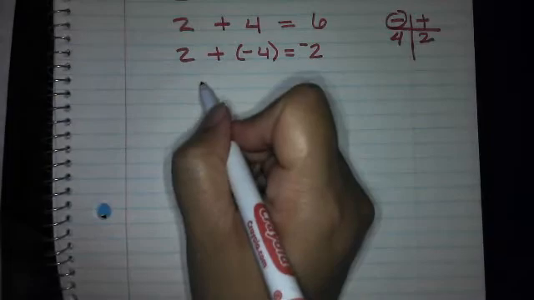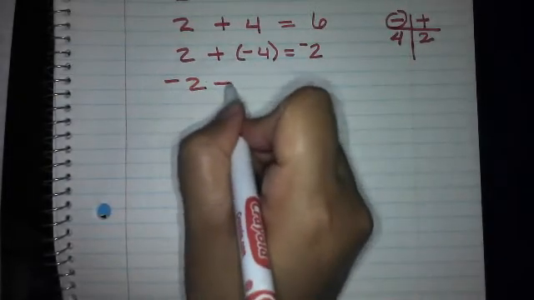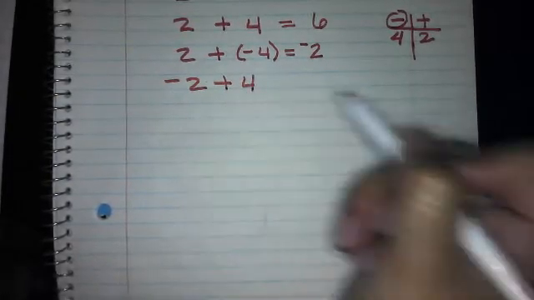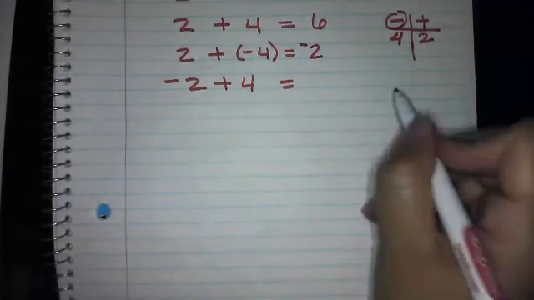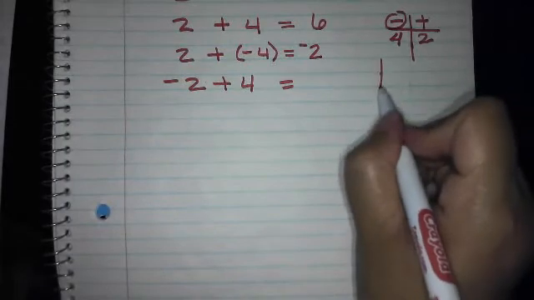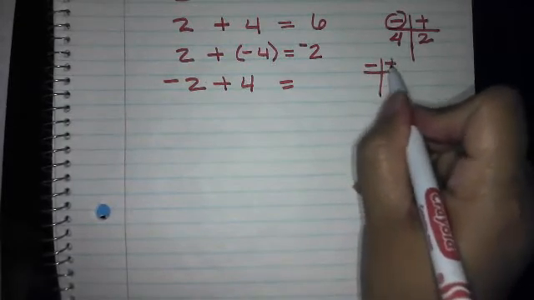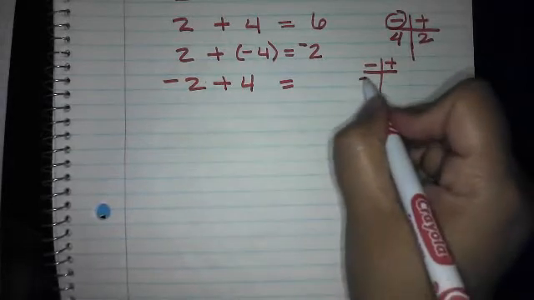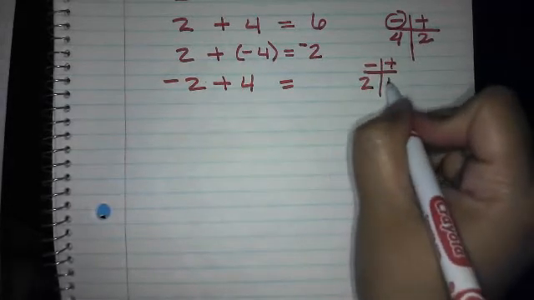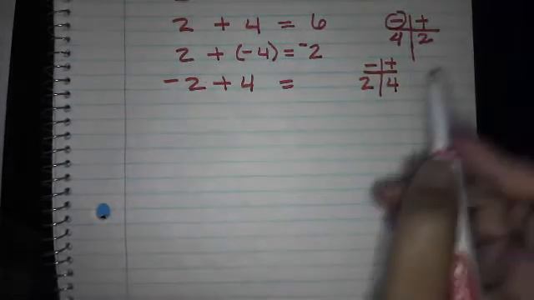Let's try negative 2 plus a positive 4. Same thing, I'm adding and I have 2 different signs, so I'm going to draw a T-chart. 2 is now a negative number, so I'm going to put 2 on the negative side. I'm going to put 4 on the positive side.